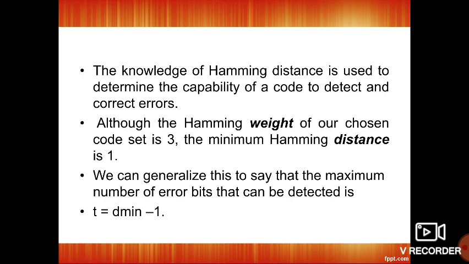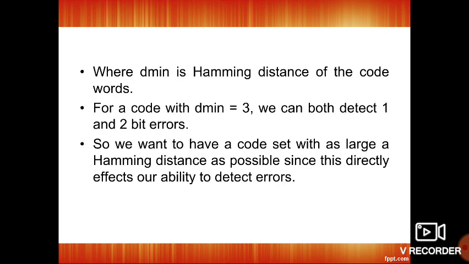Also we can calculate the error detection and correction capabilities. The code can detect 2-bit errors and can correct 1-bit error. For error detection capabilities, d minimum should always satisfy the condition that d minimum is greater than or equal to t plus 1, where t is equal to d minimum minus 1.